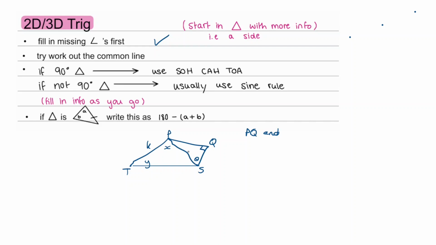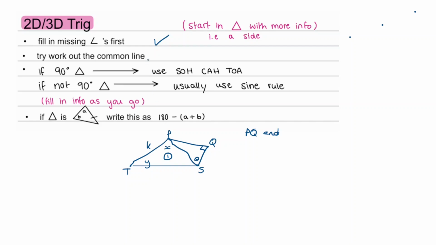The other way you can work out which triangle to start with is to look at the triangle that has more information, which will typically be the one that also includes sides. I'm not going to do all the maths for this one, but I would probably start with this triangle, and my goal isn't necessarily to work out TS or QS or anything like that.